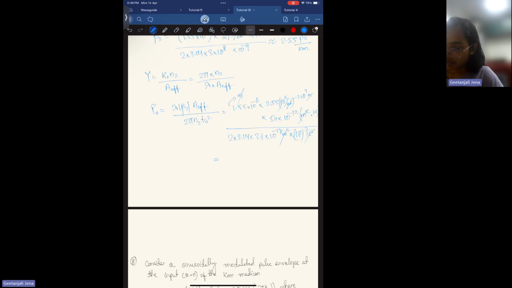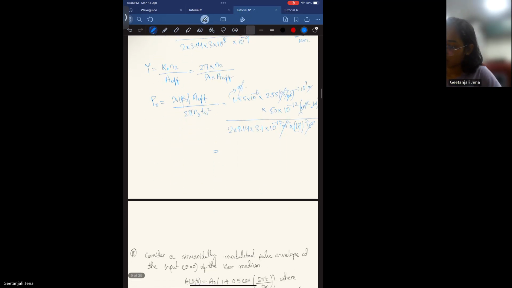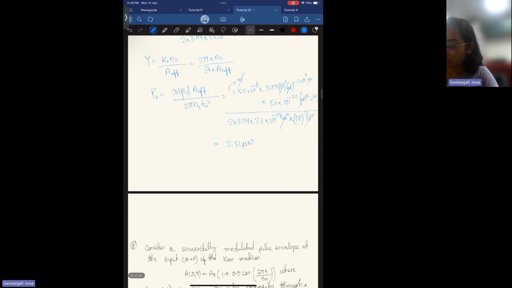So this will give a value of 3.51 into 10 to the minus 6 watt. You can write it as microwatt. So we know P0 now, which the question was asking about.